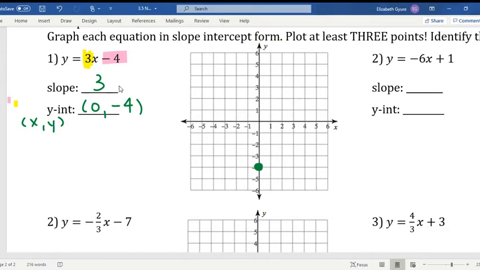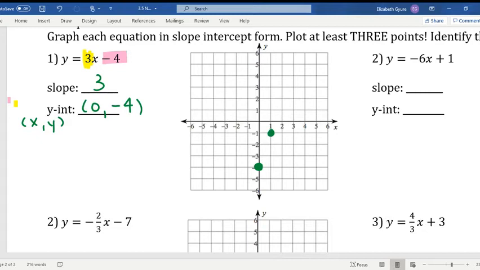So if you have a whole number like this, your graph would go up 3 units and then to the right 1 unit. Because isn't 3 over 1 just 3? Yeah. So what you're going to do is from this point that you're given, from your y-intercept, you're going to count up 1, 2, 3, and then go over to the right 1 unit.